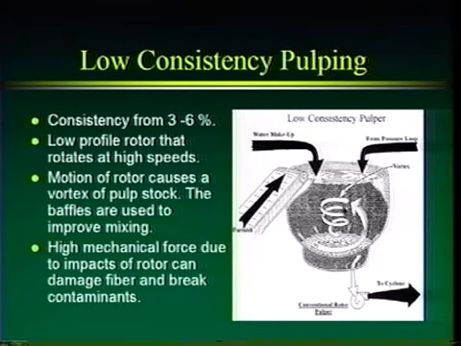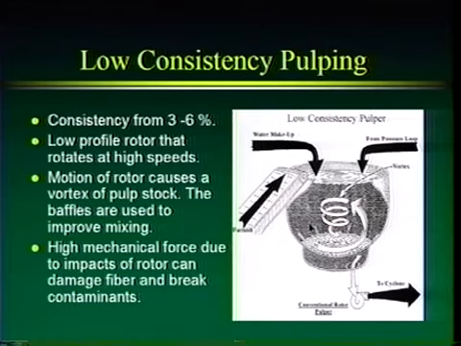The rotating rotor causes a vortex, and that can cause spinning, which is an inefficient use of our mechanical energy, so baffles are typically put in different places. Here we're showing some baffles down low, and those baffles are to disturb the spinning motion of the fluid.